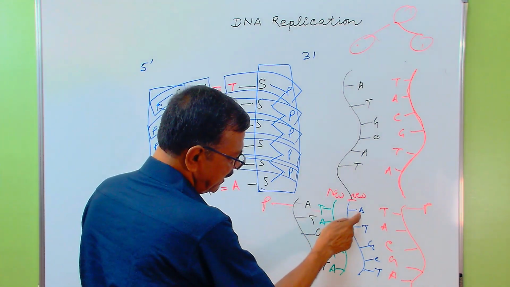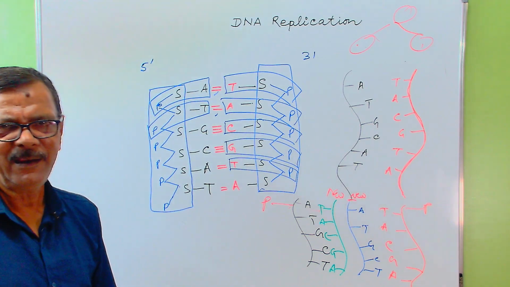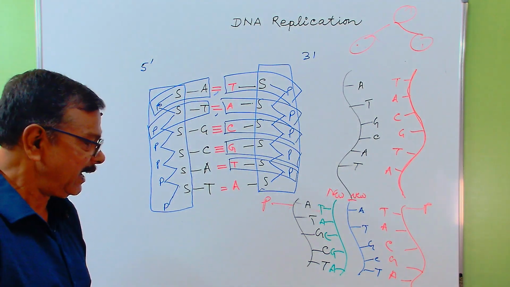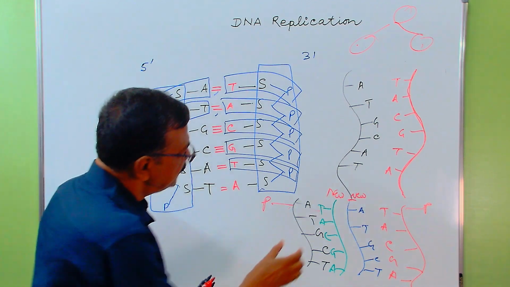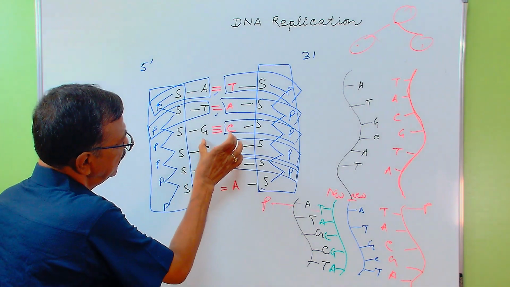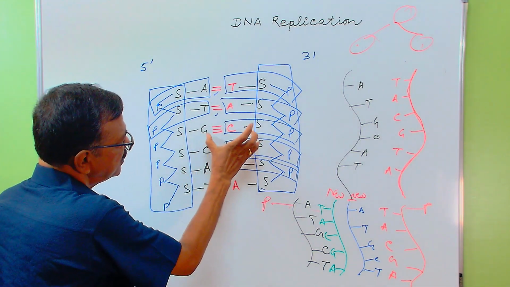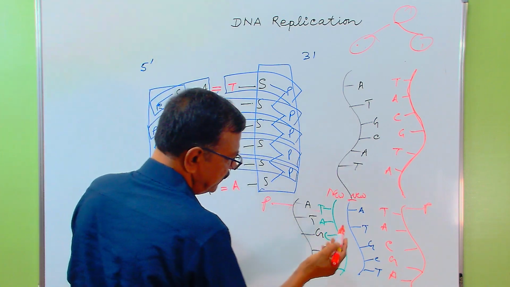Suppose A mixes with T, here you write G. It can never be. Why? Actually, these two, guanine and cytosine, have a definite length.